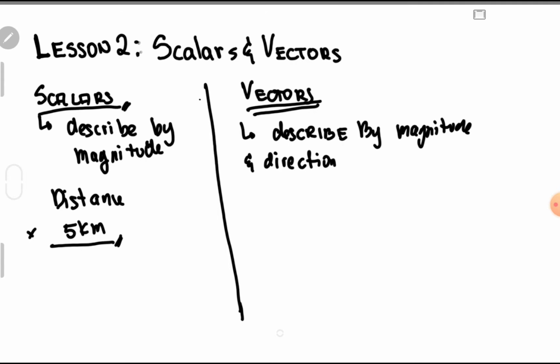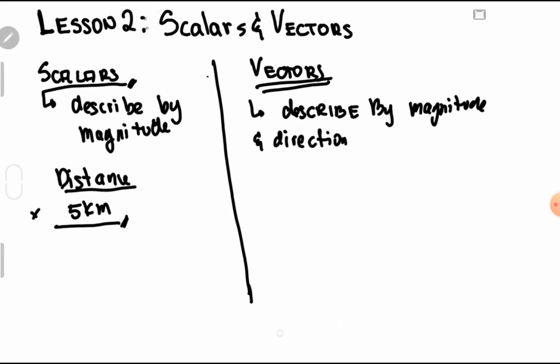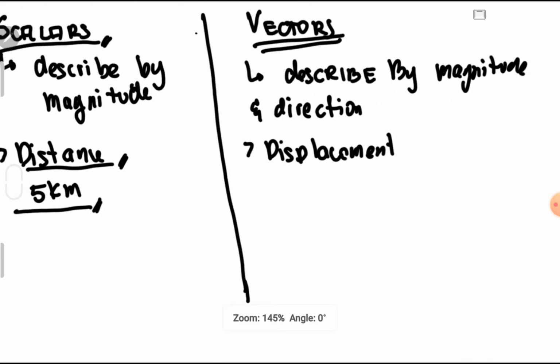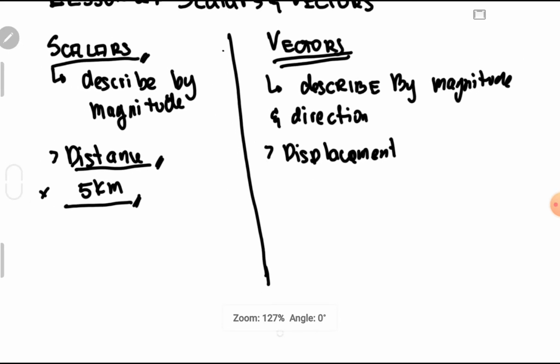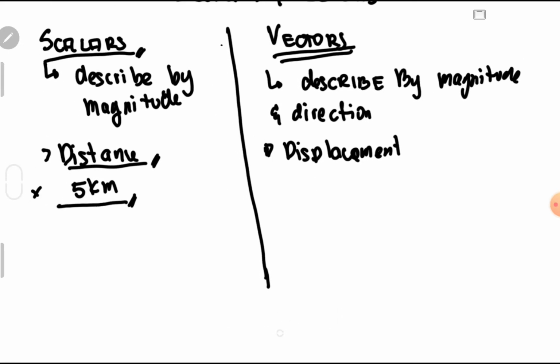If I want to change this distance into a vector quantity, I will call it displacement. So if you change your distance into a displacement, we would need a direction. Angles are needed in order to indicate direction.